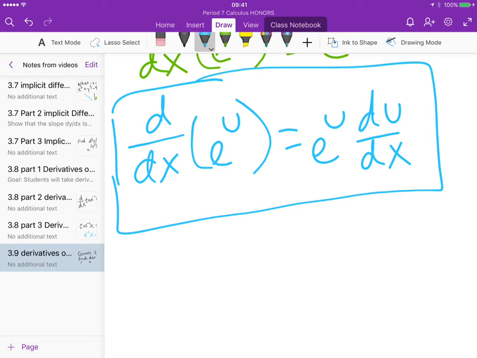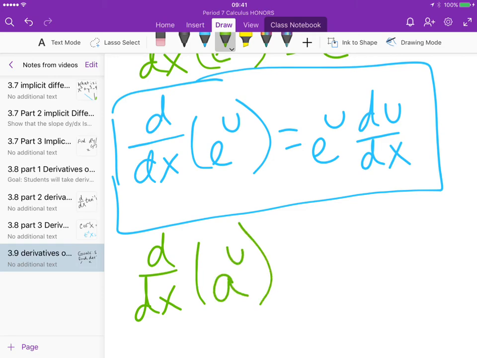Now, I won't bore you with the geek-out side of things to find the derivative of a^u, but let's say we want to find the derivative of a^u. So now the exponential function is just a random number being raised to some variables. In this case, it's pretty similar, but because we're not using e, we have to incorporate its inverse, the natural log.